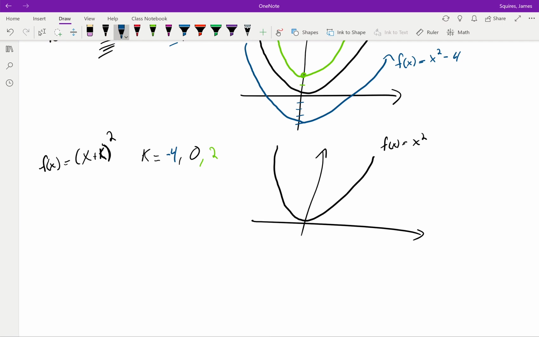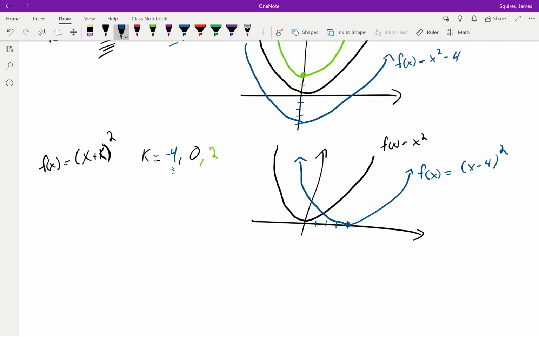If we want to do f of x for k equals -4, what we're going to do is shift this horizontally to the right 4 units. 1, 2, 3, 4. And then redraw our elementary function. So that is f of x equals (x minus 4) squared.